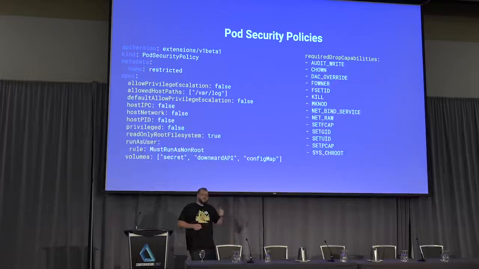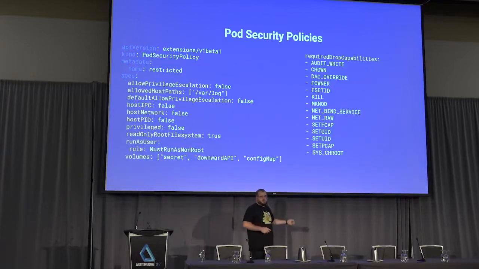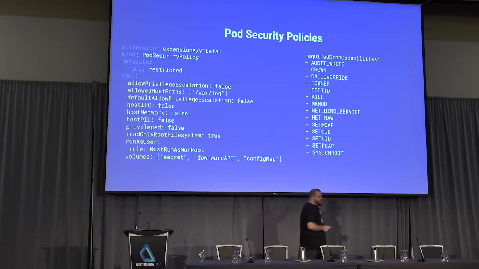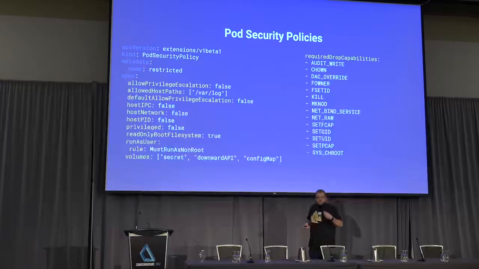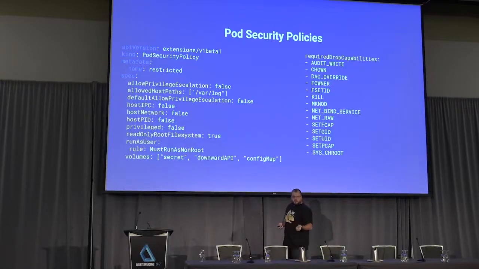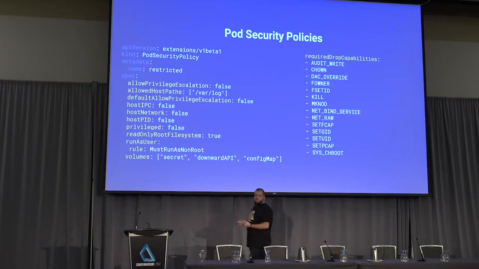If anyone has heard of chaos engineering from Netflix, this is something that we do also at Shopify, where we will take a container that has been up, say, longer than a day, and we'll kill it. Why? It's to get rid of that threat of persistence. If an adversary has maintained persistence on a Docker container, if we kill all of our containers every day, then we don't really have to worry about that.